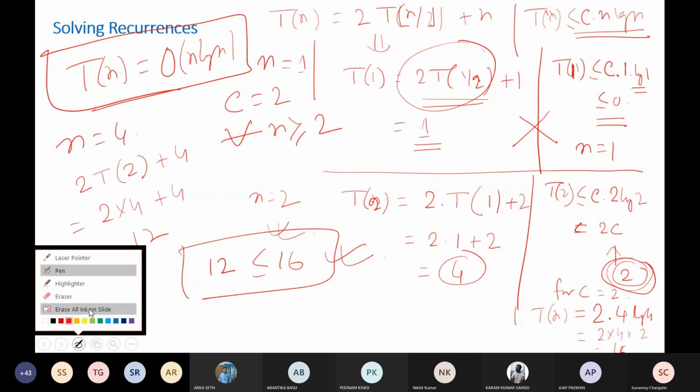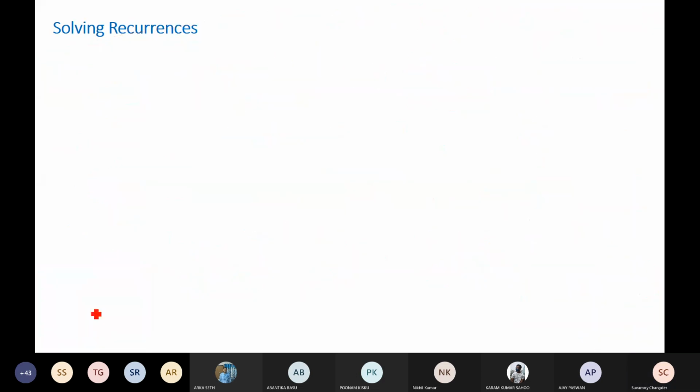Now you can ask the question: how can we assume the correct solution? Do you have this question? Yes, sir. So how to go for a correct assumption?